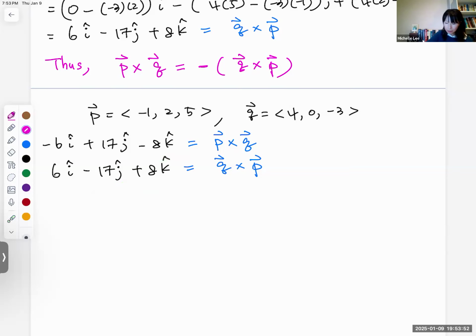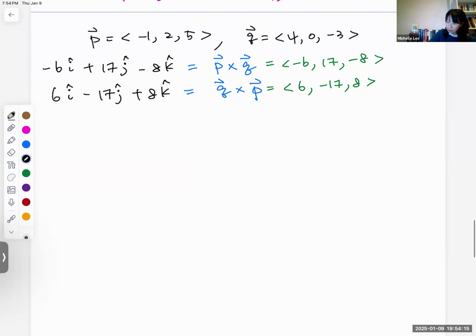As a vector component, that will be -6, 17, -8, and that will be 6, -17, 8. Let me draw. So that will be Z, that will be X, and that will be Y.